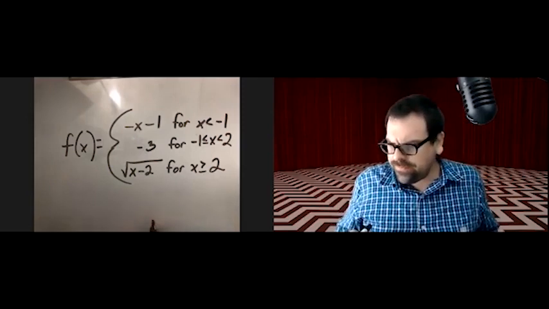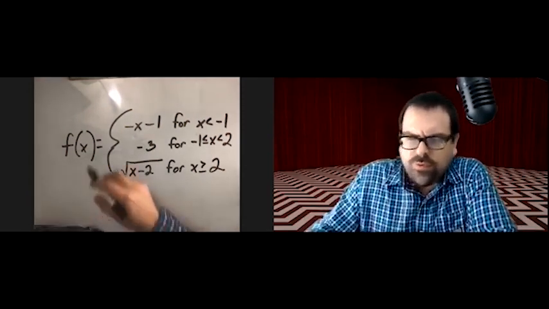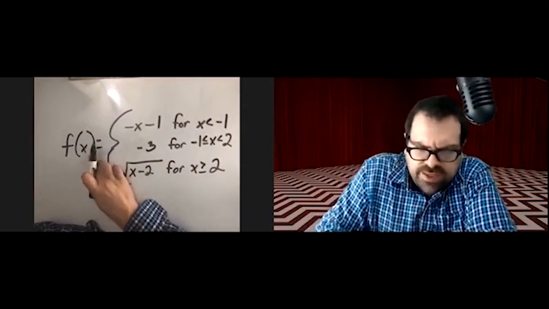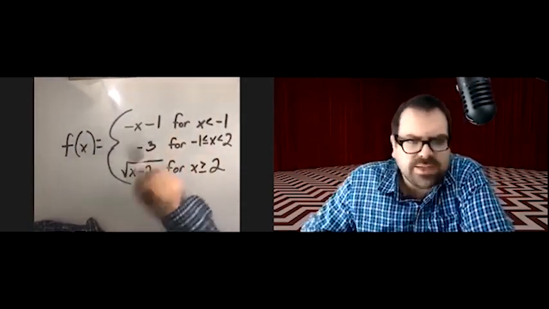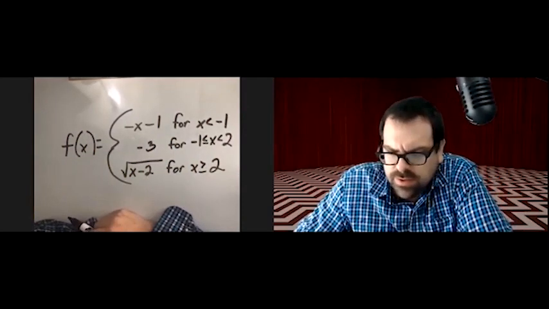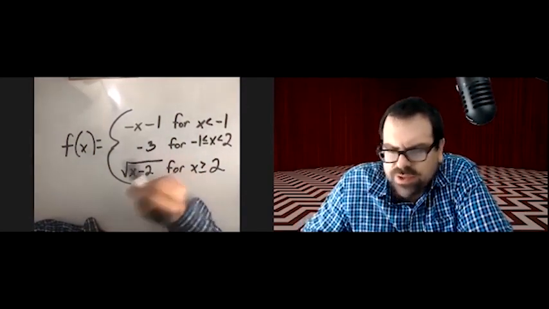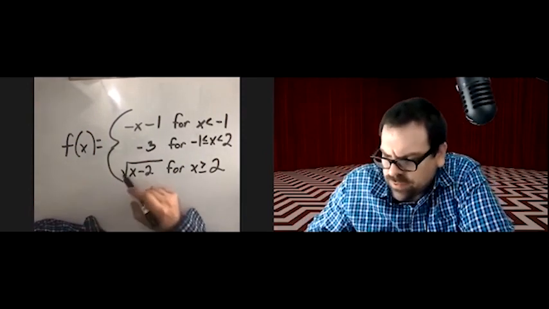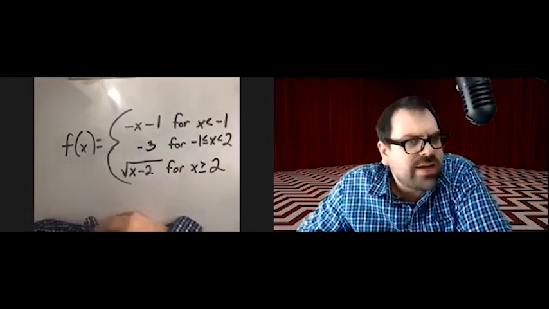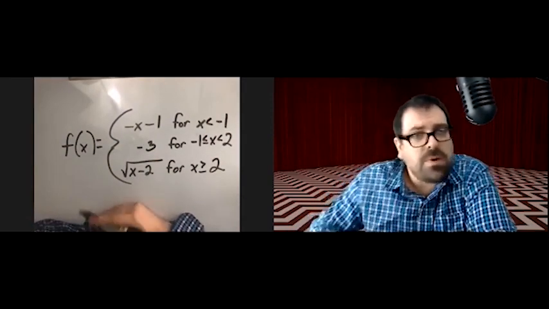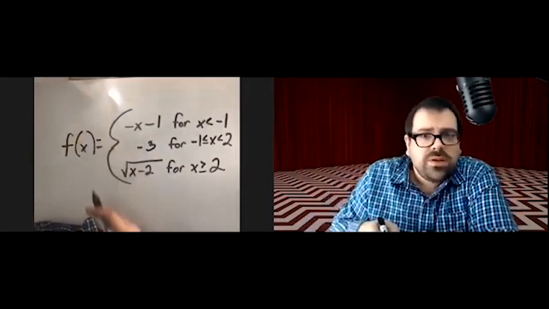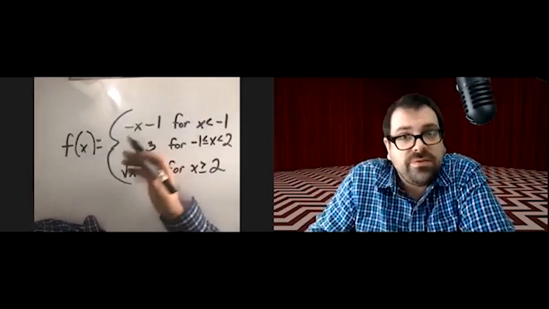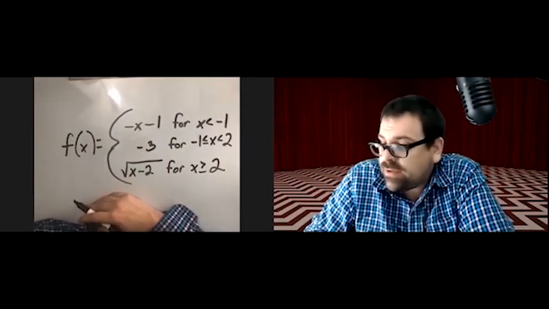We have 3 functions put together. f of x equals -x minus 1. f of x equals -3. f of x equals the square root of x minus 2. But remember, just like that one I drew, between different values of x, we'll have one of these different pieces.